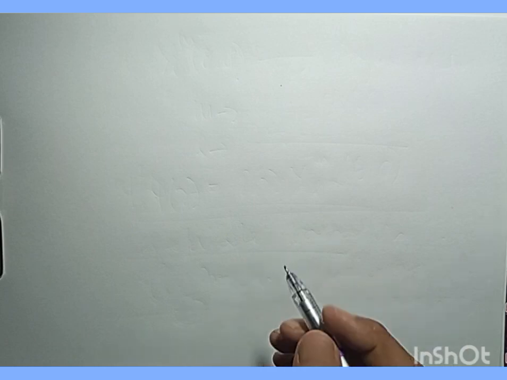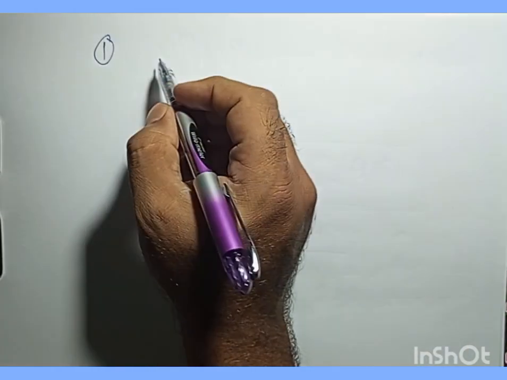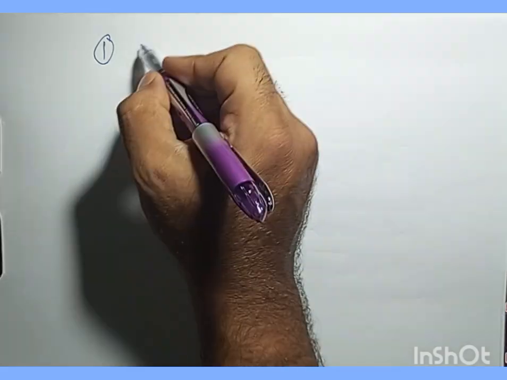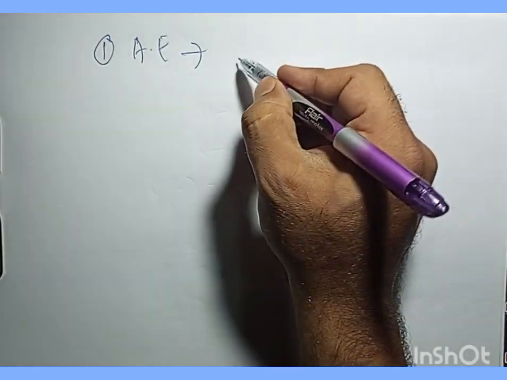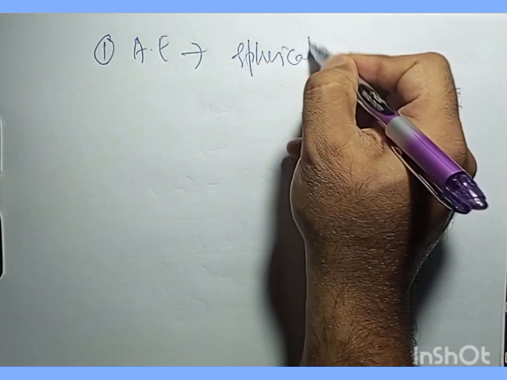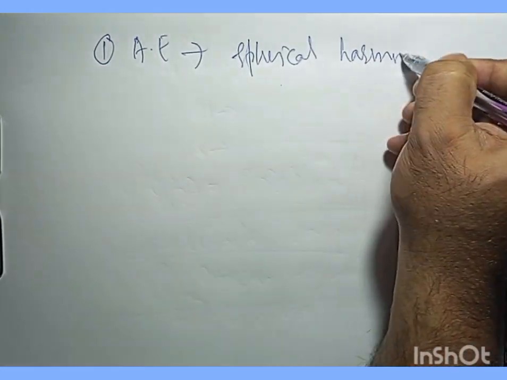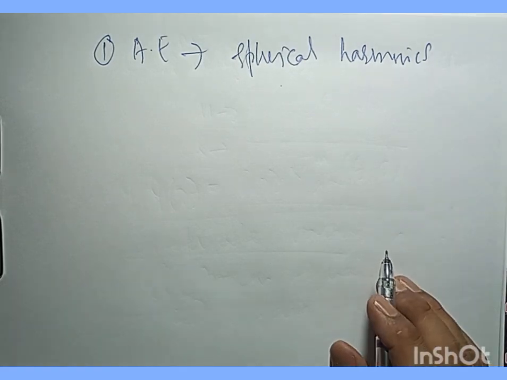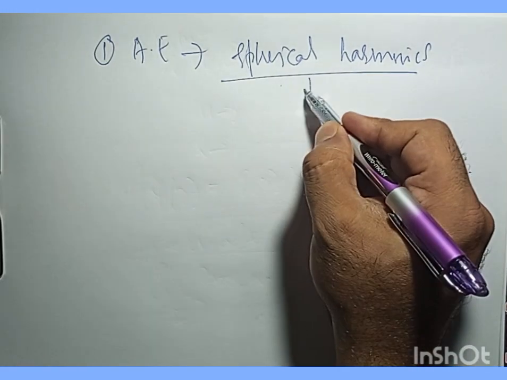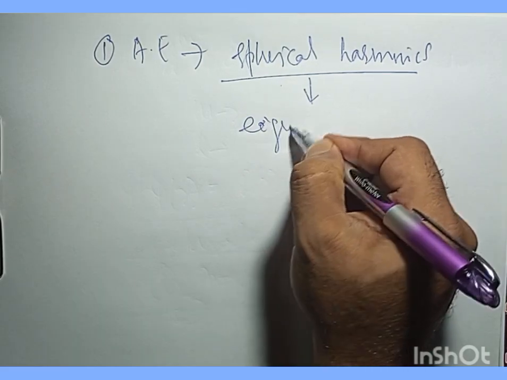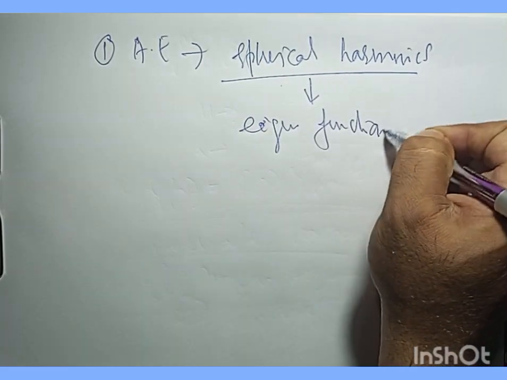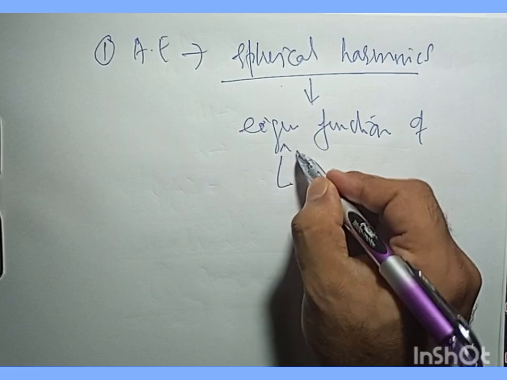For the angular equation, what it does basically is give us the spherical harmonics, which are the eigenfunctions of the angular momentum operator.